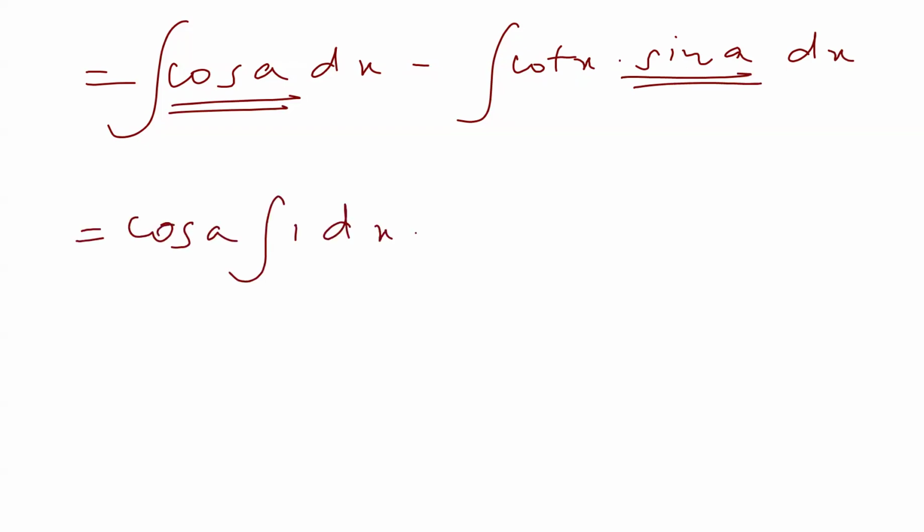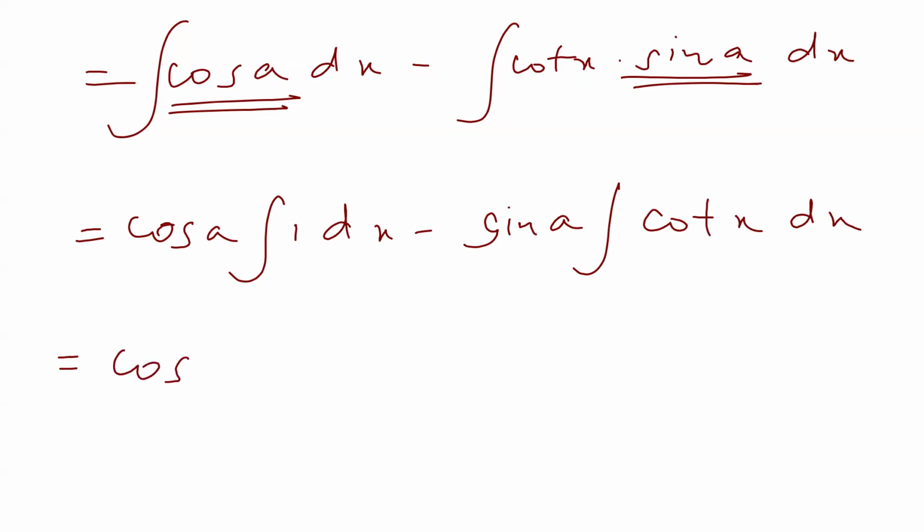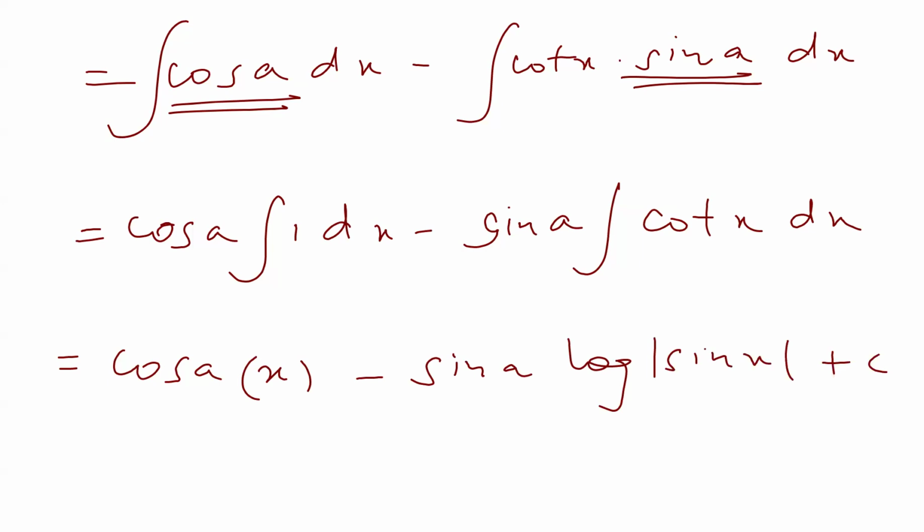Cos a into 1 dx minus sin a outside, cot x dx. So cos a into x minus sin a into log mod sin x. Okay, that was your question number 4. Let's go to question number 5.